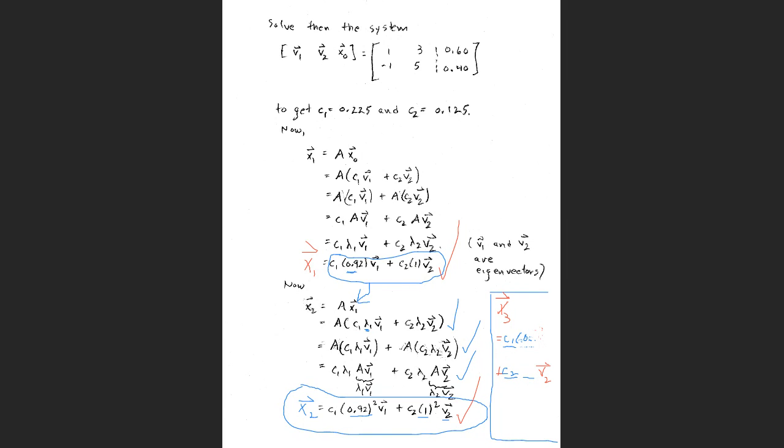C1 times 0.92 cubed times the eigenvector v1, okay, plus c2 times 1 cubed. Hold on, we're going to make it look good.